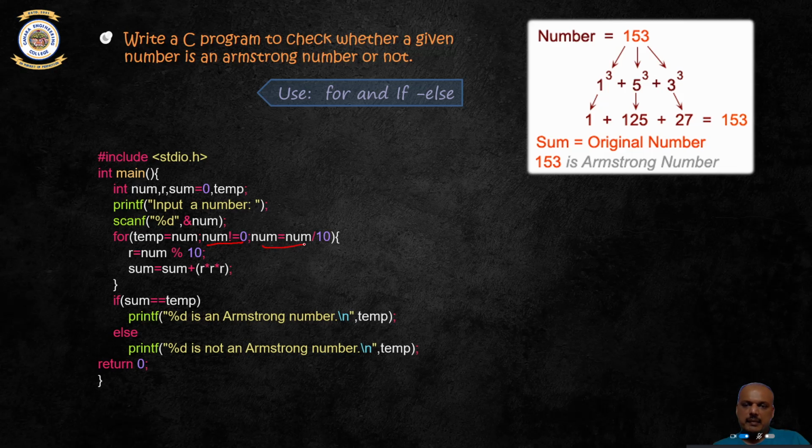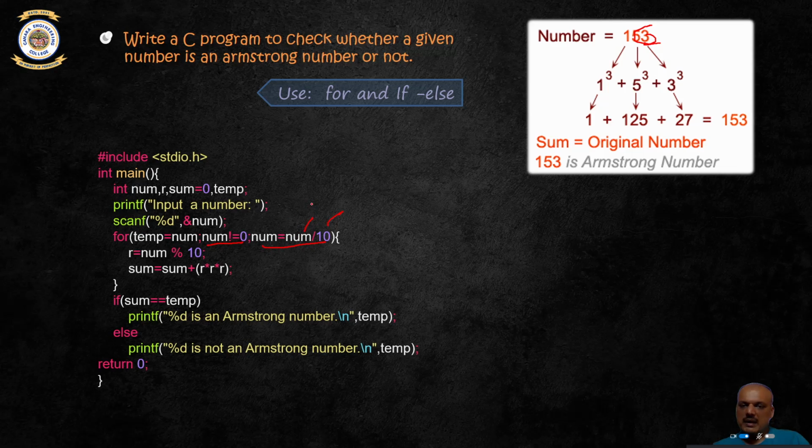And how do I update my number? I start depleting one digit at a time. So num is equal to num divided by 10. After each iteration, the value of num will get depleted by its last digit, because num is an integer and I am doing an integer division.